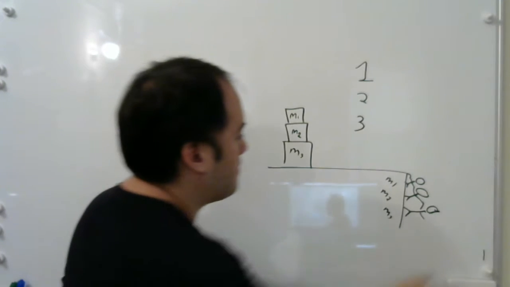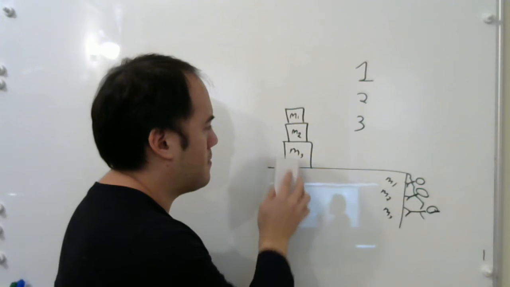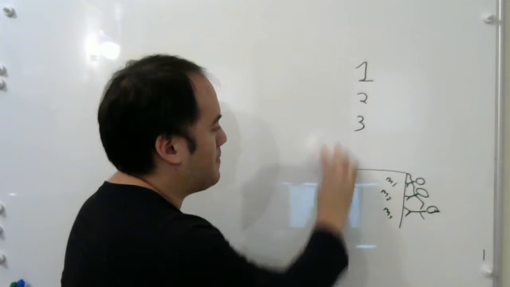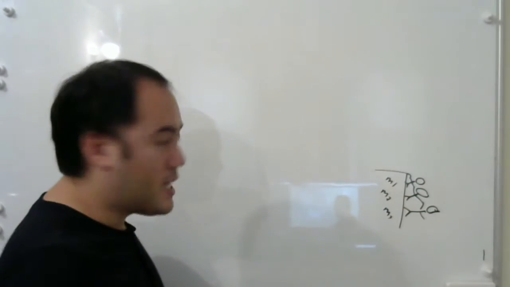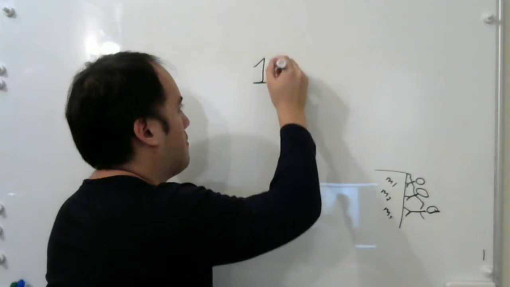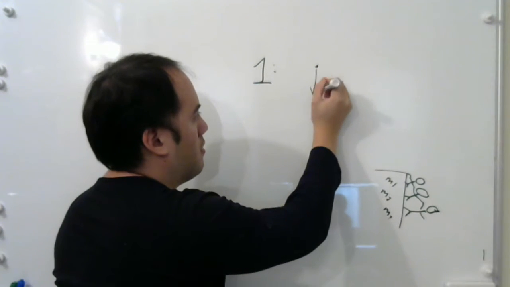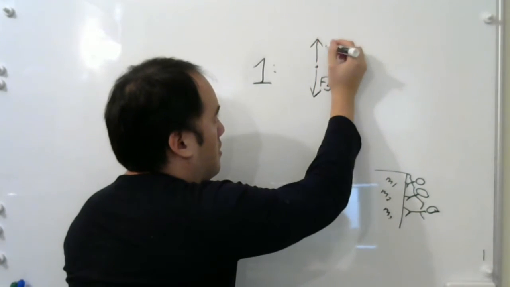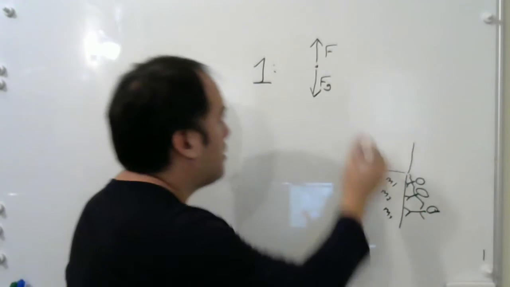Let's stick with the climbers. Free body diagram for person 1. I don't know what they're pulling with. Maybe they're holding on a rope. So I'll call it FT.